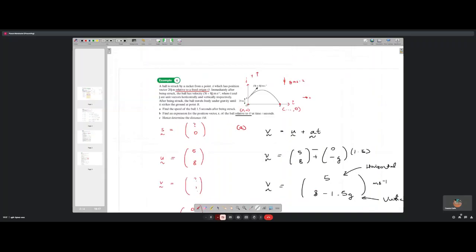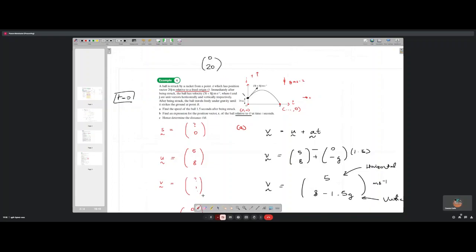So if we substitute time equal to 0, the starting position of the ball should be at 0, 20. Think of it as coordinates. 0, 20 is this position here. It's A, right?